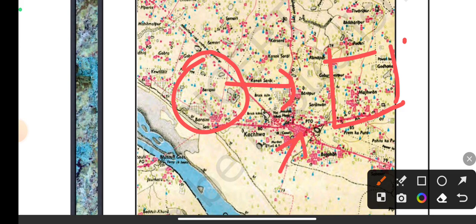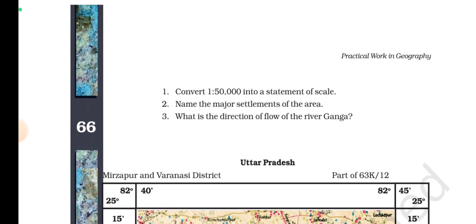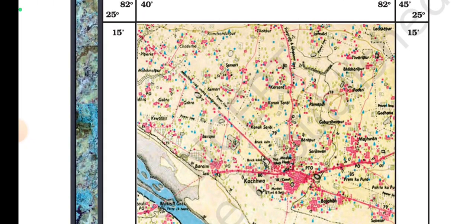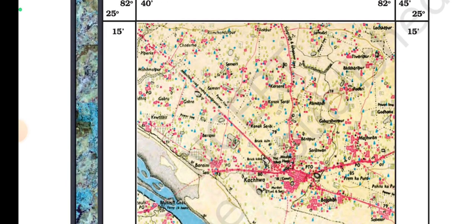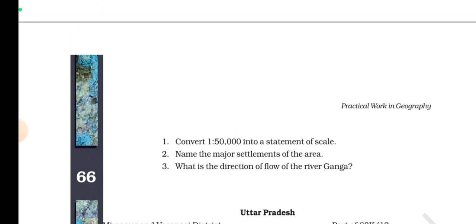You have to know it before. This is a river, you have to know it from before, okay? Or else you can't interpret in your exam, because you will be given just a particular grid of a map or a little portion of the map, and you can be asked to interpret the settlement pattern. I mentioned it earlier too, settlement pattern of this map, okay?